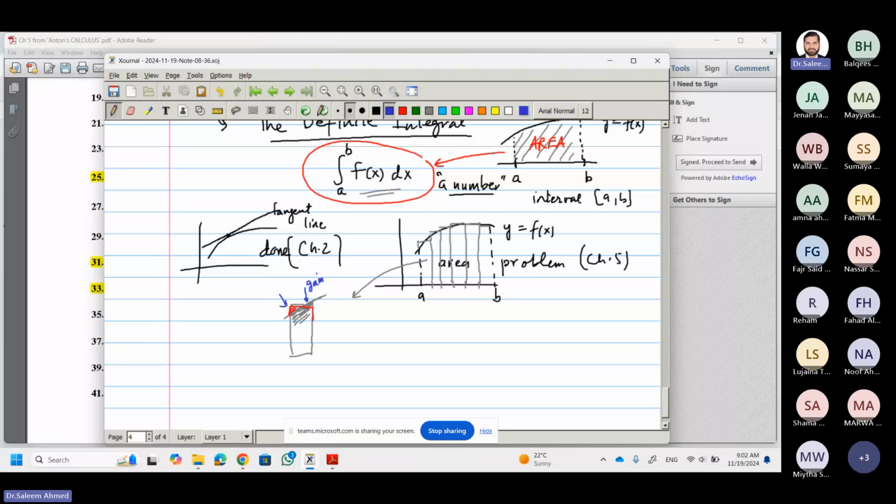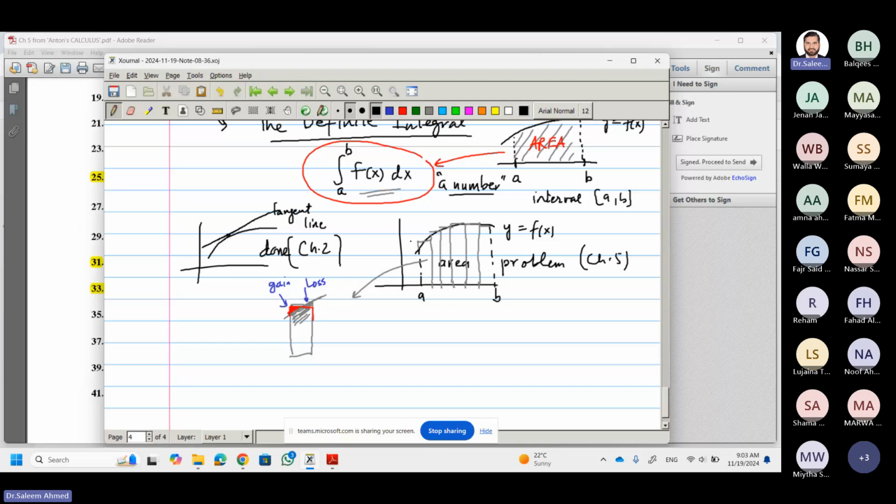This red portion is the extra area that was not needed and I got it. And this was needed and I did not get it. So we hope that when we compare, both areas will give me almost the same answer.